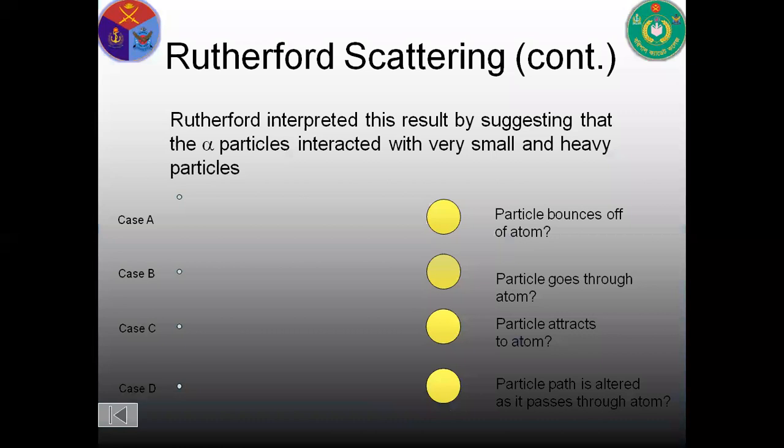Here, the first one: alpha particles bounced back. Next one: passes through. Third one: attracted by the particles in the atom. Last one: deflected. These are the results of the alpha particle experiment performed by Ernest Rutherford.